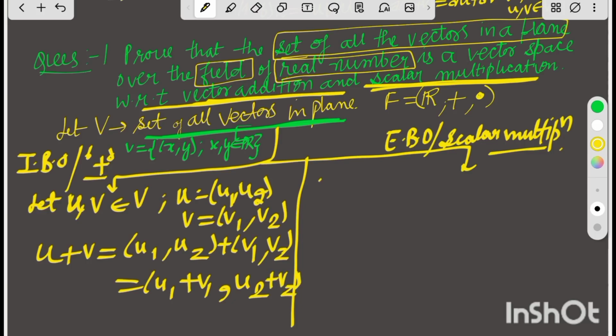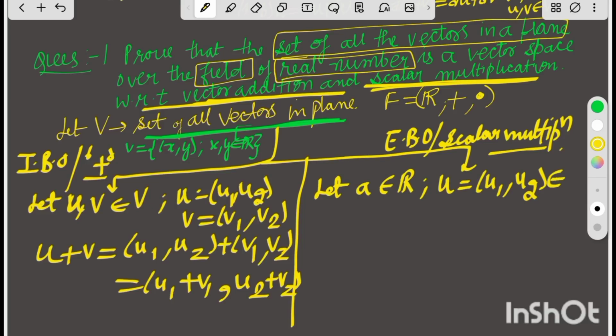How is the external binary operation defined? Let a be any element from the field, and u equal to (u1, u2), where u1 and u2 are elements of the set of real numbers.